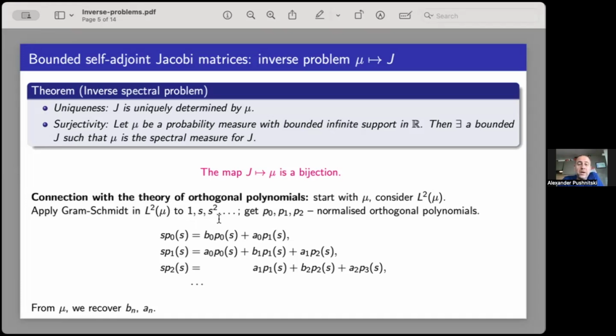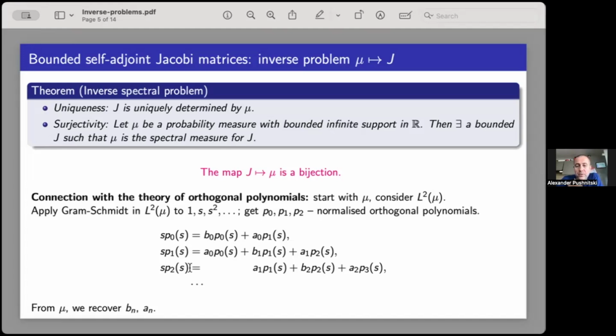And we apply the Gram-Schmidt procedure to this sequence. Then we get a certain sequence of polynomials, and it turns out that they satisfy a three-term recurrence relation. So for example, if you multiply the first polynomial P1 by this independent variable s, you can expand it as a linear combination of P1, the previous one P0, and the next one P2.